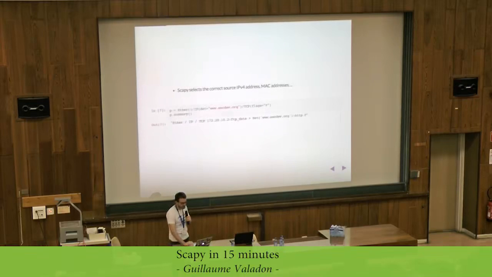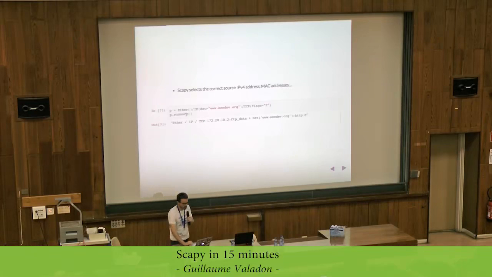Of course, you can specify fields, like here, TCP flags FIN. Here's the destination, which is Scapy's main website, secdev.org. And for you, Scapy will do many things. It will select the source IPv4 address, meaning that it is doing its own routing table internally. It will also select the right MAC address.